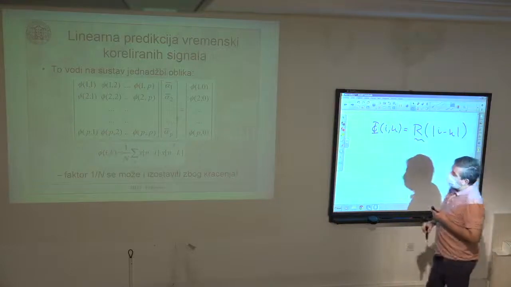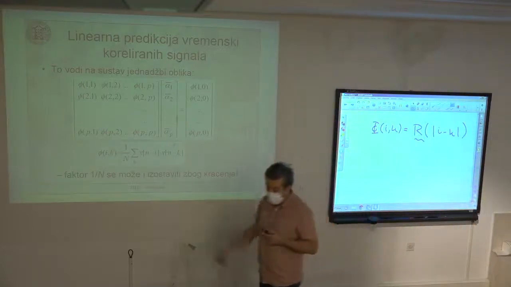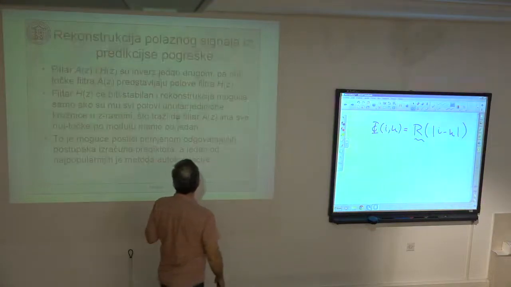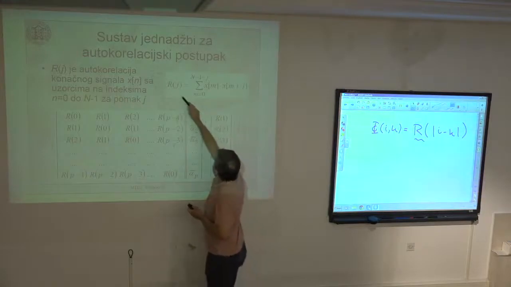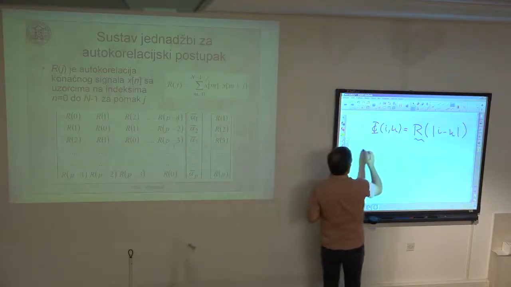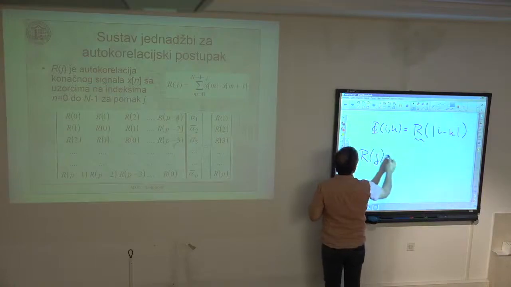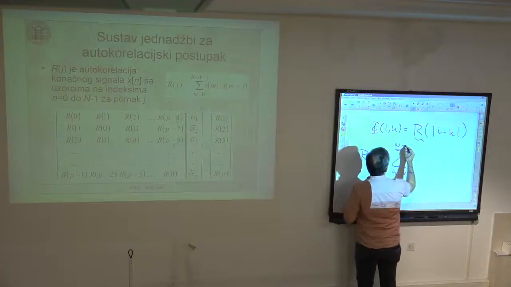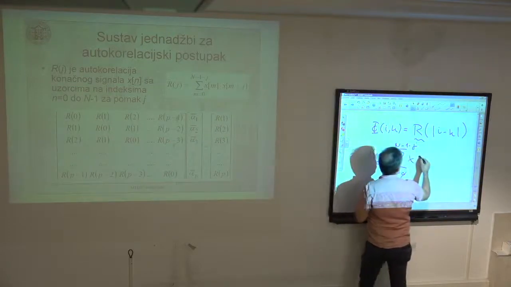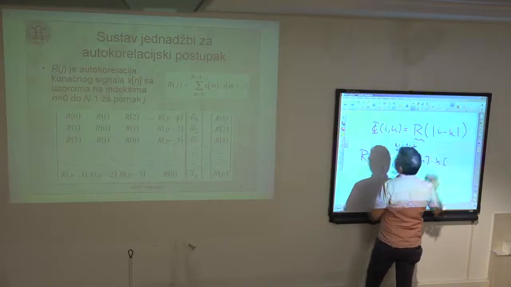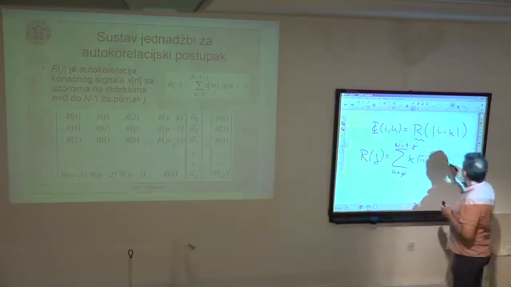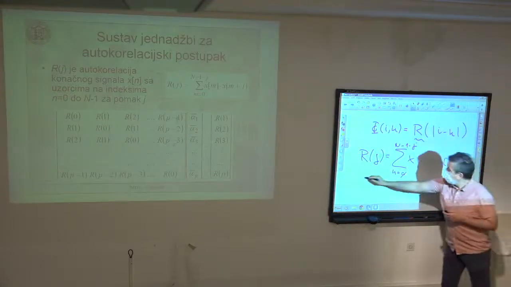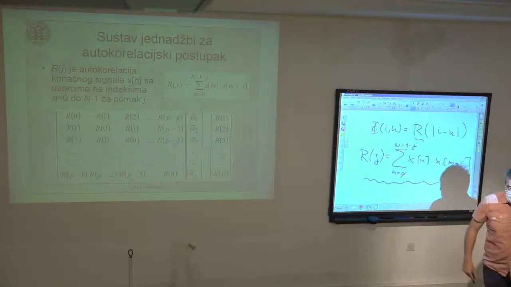What is r? r is the autocorrelation coefficient, which is defined according to this expression here. Autocorrelation for value j is simply the sum from 0 to N minus 1 minus j of x(n) x(n plus j). Okay? So this here is denoted as the autocorrelation.